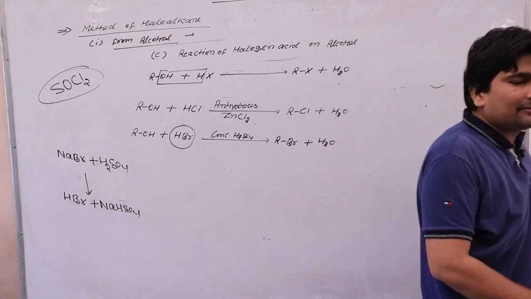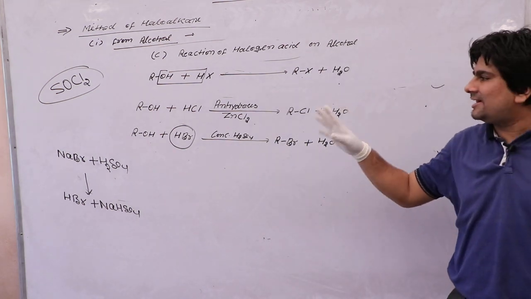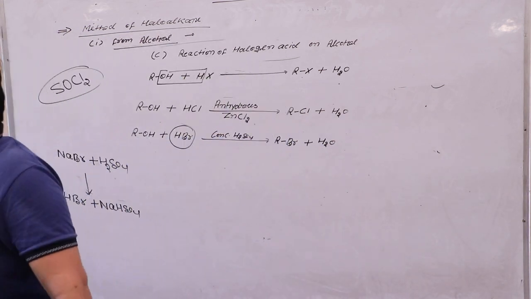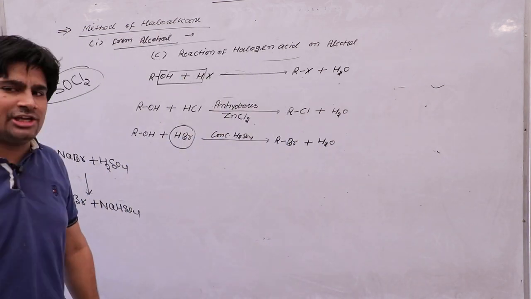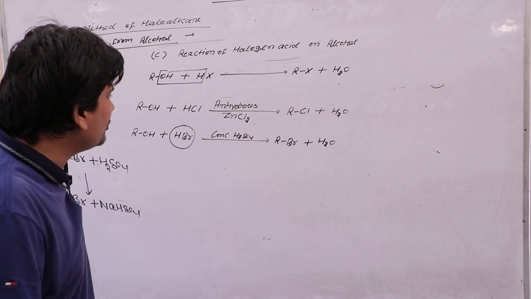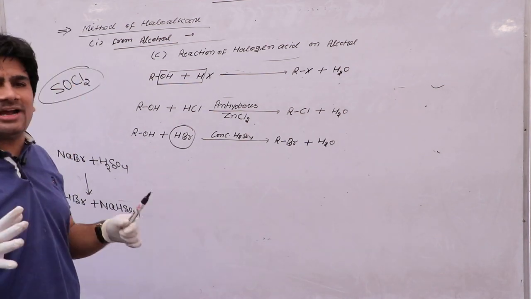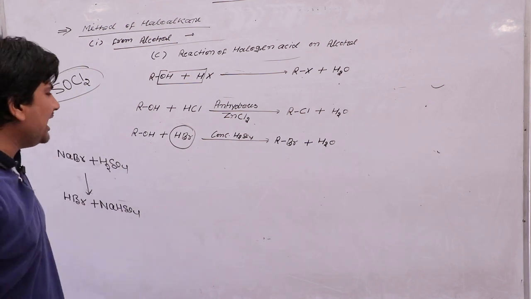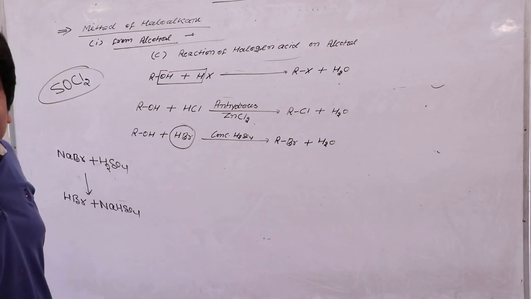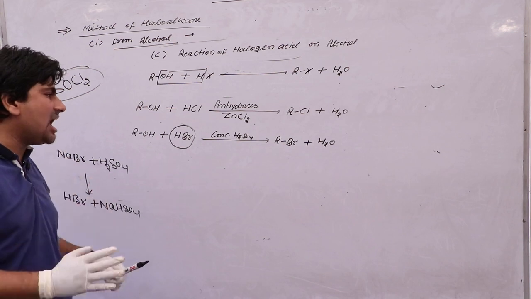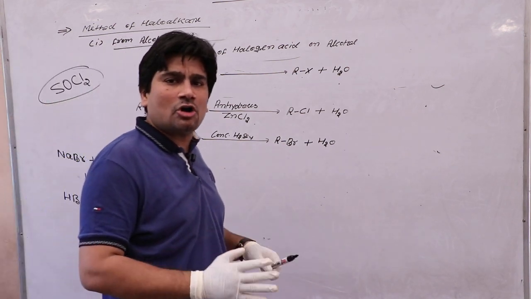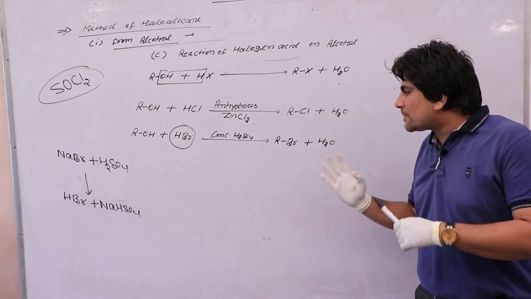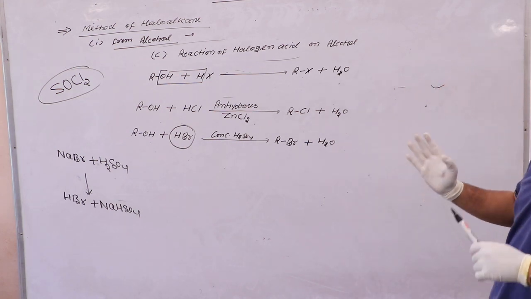Speaking again, alcohol reacts with HCl in the presence of anhydrous zinc chloride, giving alkyl chloride. Next, alcohol reacts with HBr in the presence of concentrated H2SO4, giving alkyl bromide.